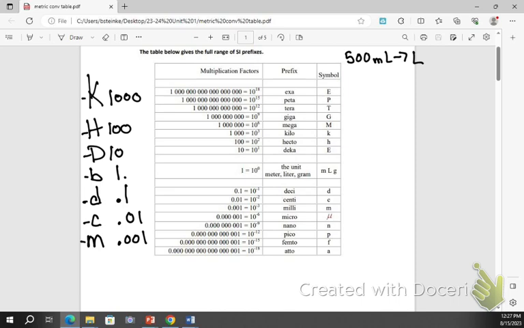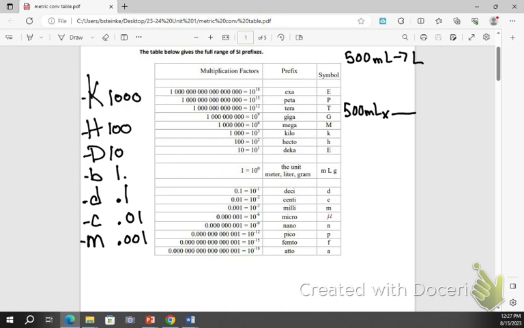So look at your first step. What's the first thing we've got to do for dimensional analysis? Look at number 1. Write the given. Well, what's my given here? What's my beginning number? 500 milliliters with the unit.